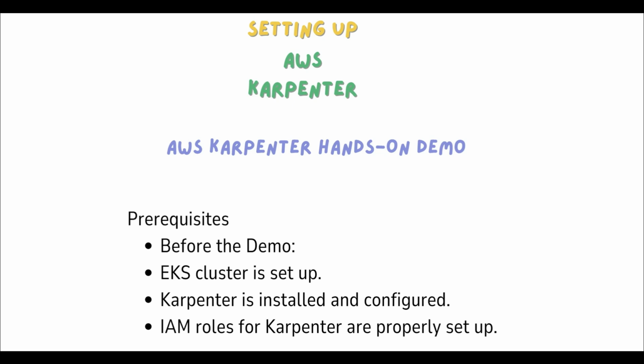So the topics covered: I will show you deploying NodePool, EC2 NodeClasses, and then running a simple application workload. And we will observe how Karpenter scales the nodes, and then we'll go through the logs.